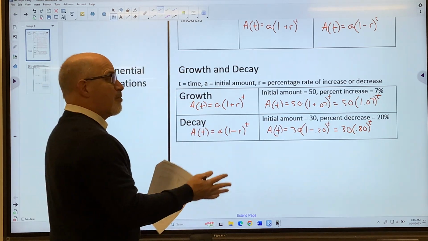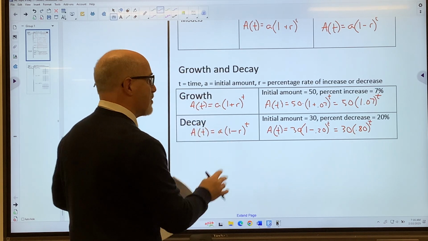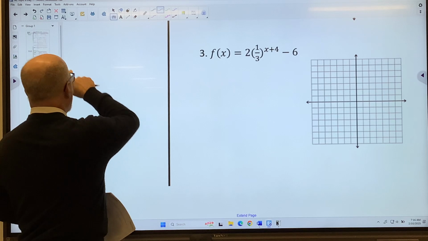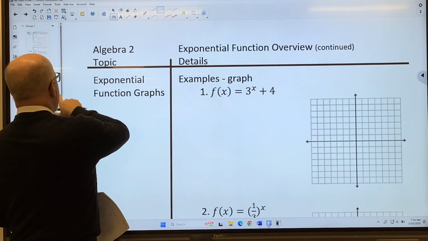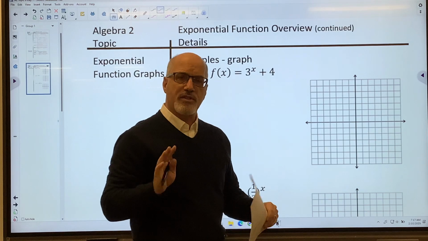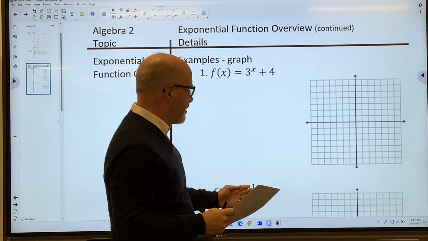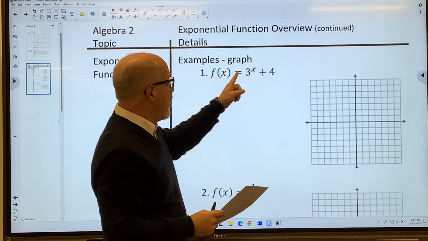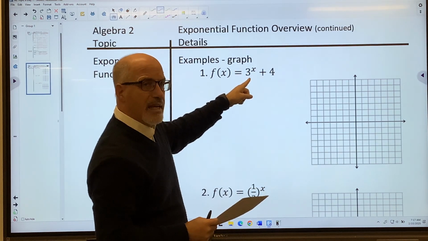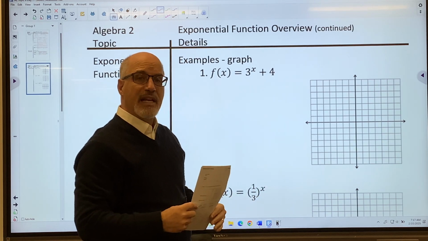All right, so that summarizes how we get to some of the basics of the problems and also how to do applications. Let's go ahead and look at some of our graphs for these. I'm just going to show you how these graphs start and end. Notice that these will sometimes move around, sometimes they won't. Looking here, notice that this 3 means that it's going to be an increase because that's the base that has the exponent.